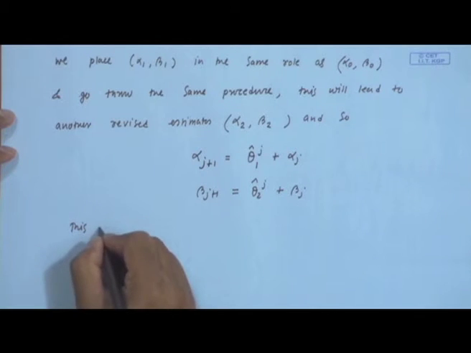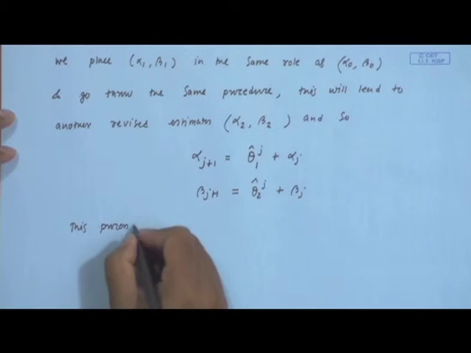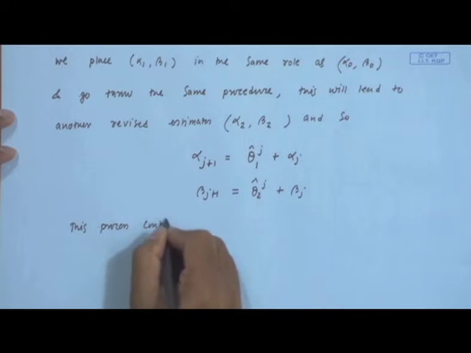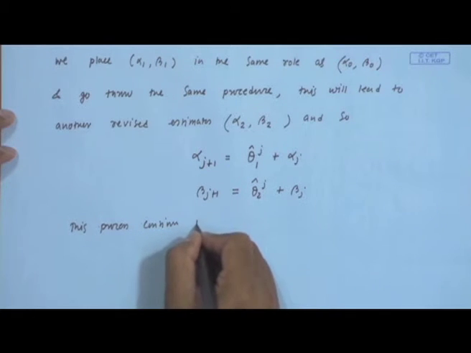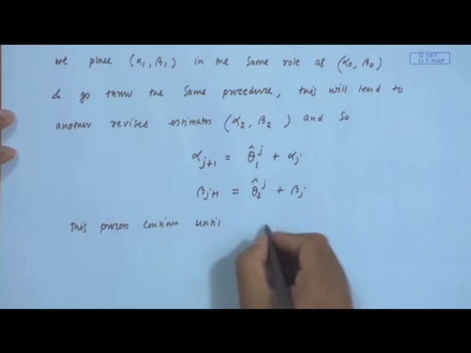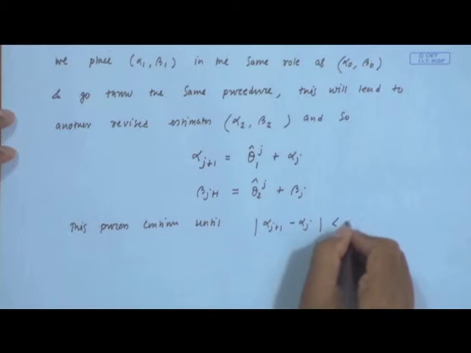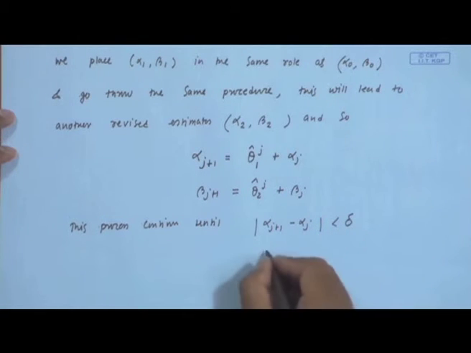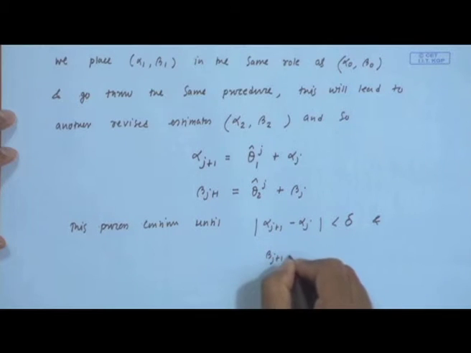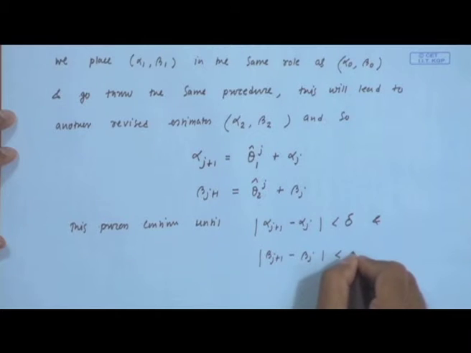This process continues until alpha j plus 1 minus alpha j is less than delta, and beta j plus 1 minus beta j is less than delta.